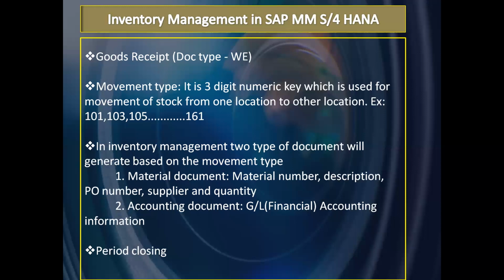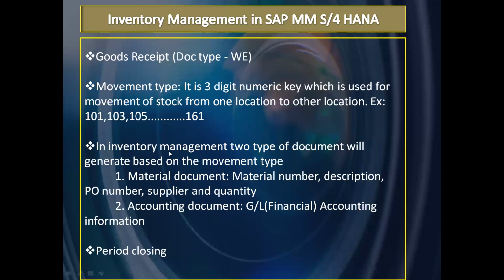If any movement type starts with 102, 201, 301, 401, or some different series, those will be used for other transactions. I will show this in the system as well, so that you will get more clarity on that.